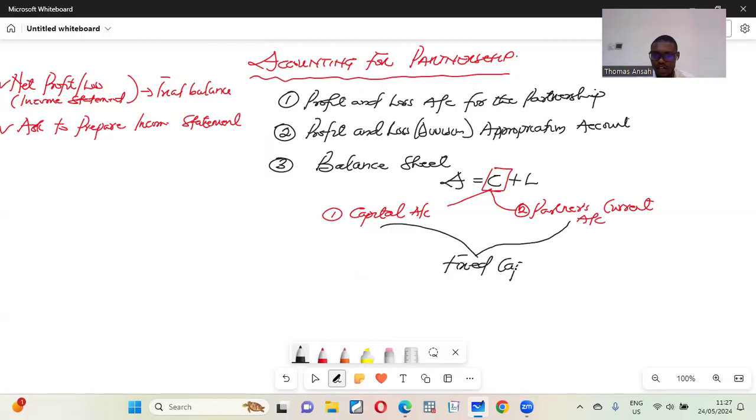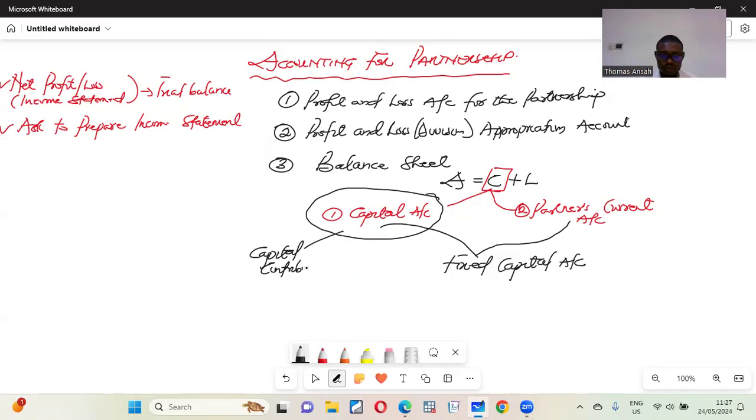So it means that the entity will prepare a fixed capital account. Nothing goes in there. What remains inside this account are only two things: one, the capital contribution, and two, any withdrawal of capital. So these are the only two things that go in there. So you keep a fixed capital account. If you keep a fixed capital account, then you also keep a separate current account.